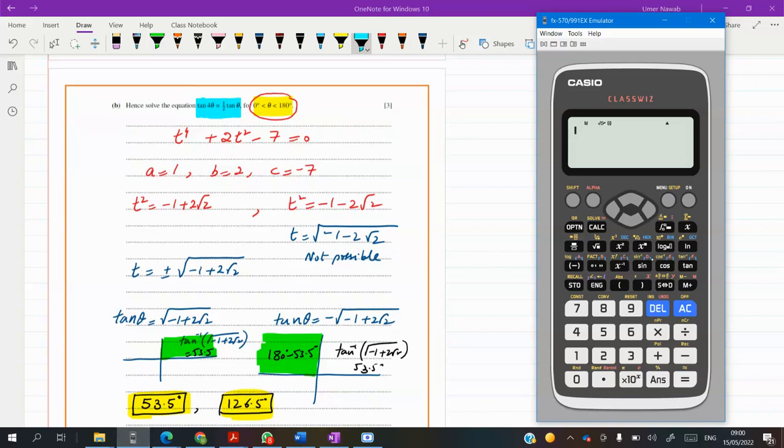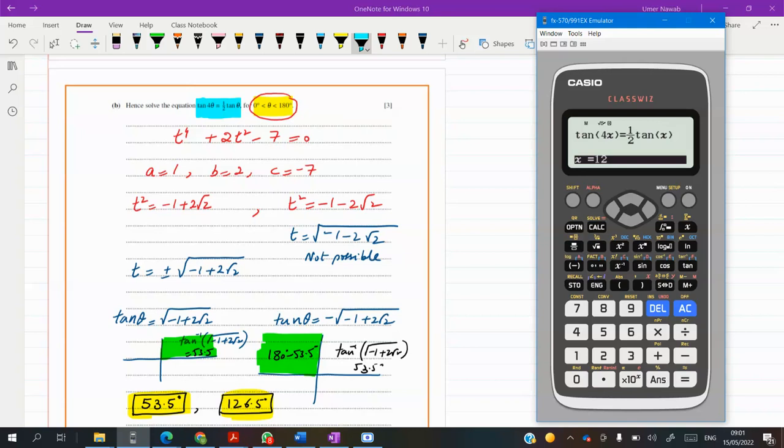So tan 4x, bracket close, equals half, and then tan of x. Now, don't press the equal sign, shift solve.